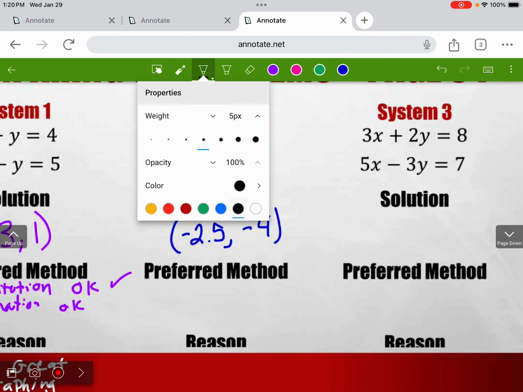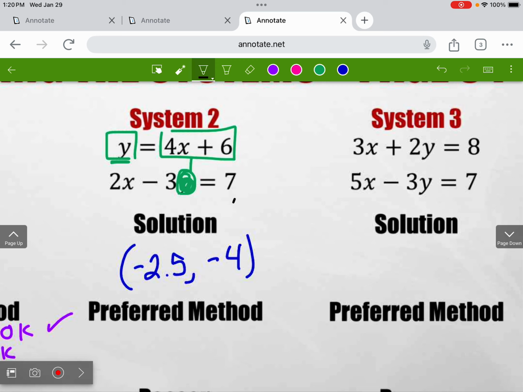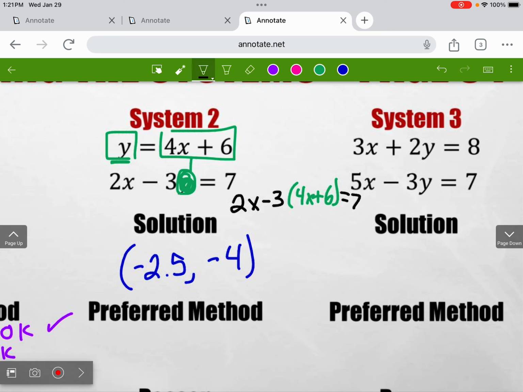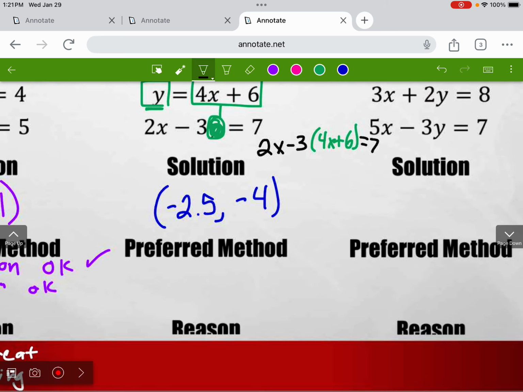So if we were to set this one up as substitution, we would get our 2x minus 3 times that 4x plus 6, equals the 7. For our substitution, we needed to have a y equals or an x equals. It doesn't matter which one, but we need something so we can plug it in. So this one's probably set up best for substitution.